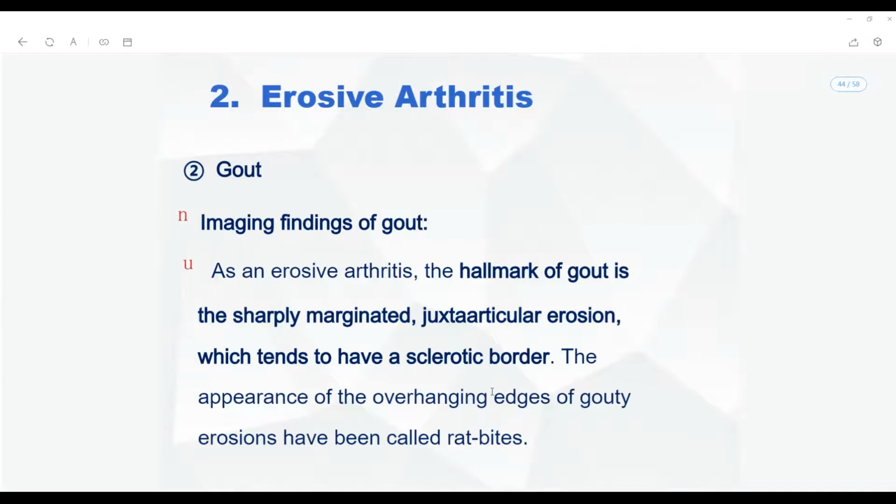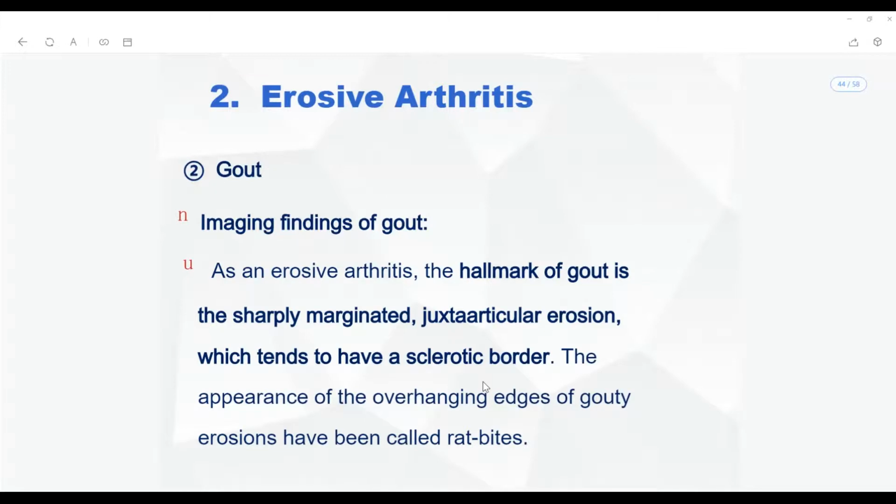And yes, it is a form of erosive arthritis. The hallmark of gout is sharply marginated juxta-articular erosion, outside the articular surfaces, and they have sharp margins and a sclerotic border.